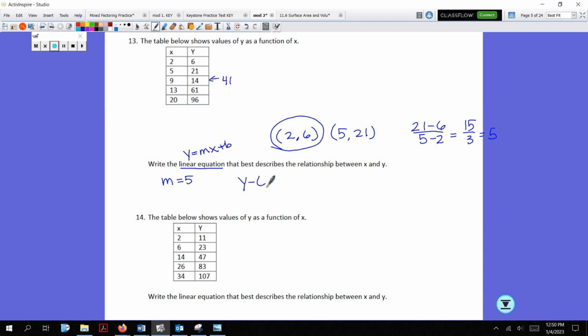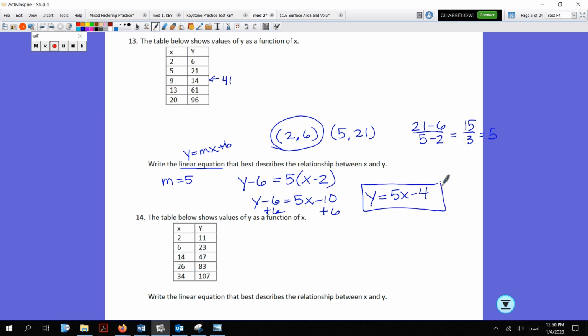Y minus y1, which is my 6 here, equals my slope times x minus x1. Distribute and add 6. You're literally just solving for y. Once I add 6 here, I get y equals 5x minus 6. That is my linear equation.